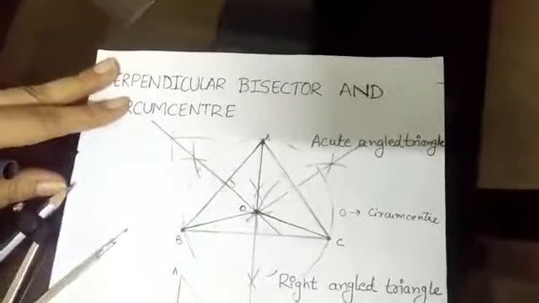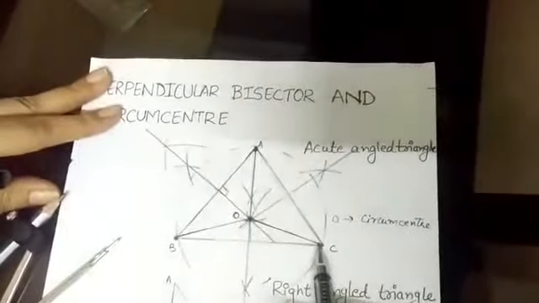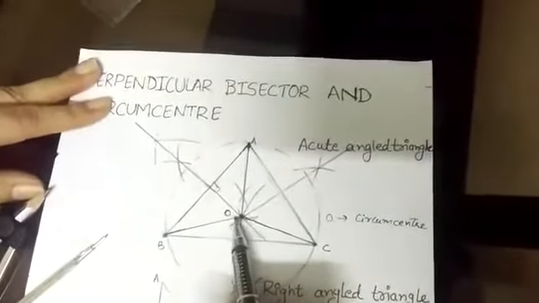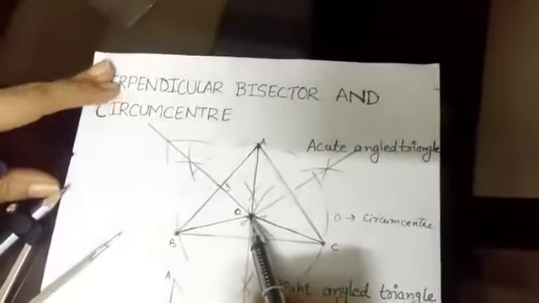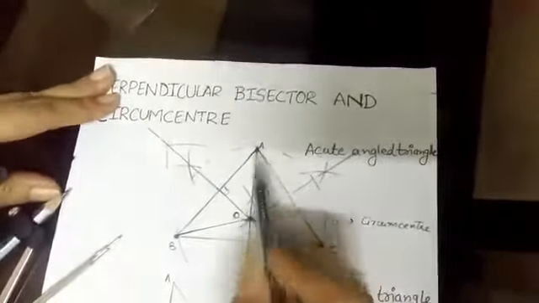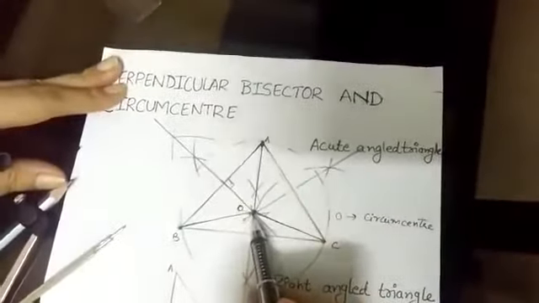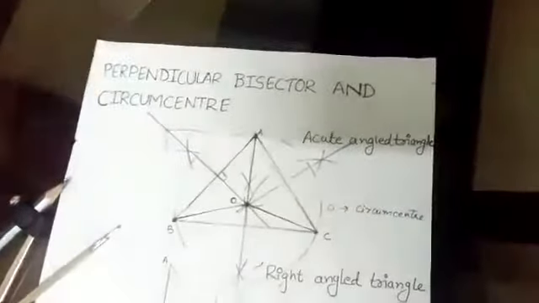Now the lengths OA, OB and OC are equal. What does it mean? That the circumcenter is equidistant from the vertices, and taking OA as a radius, you can draw this circumcircle.